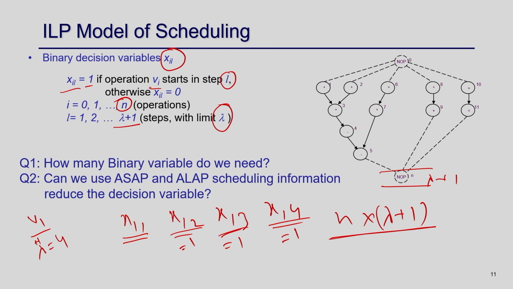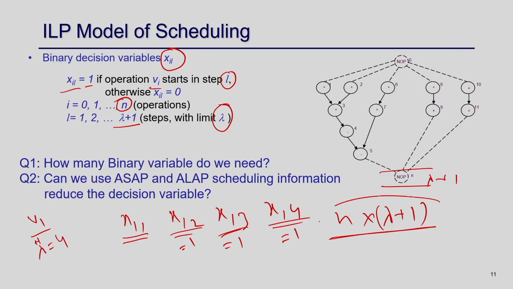Because I do not know where operation v1 is going to be scheduled, it can be scheduled in any given timestamp. So, I assume these many variables are there, and the total number of variables will be this. This is obviously the upper limit of variables. If you understand my previous modeling, the constant expressions depend on the number of variables.